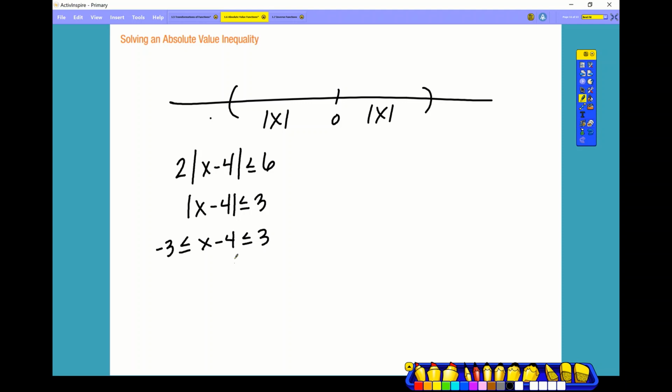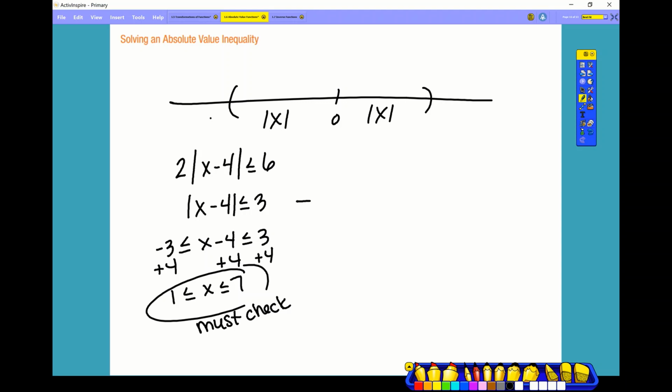Okay. So plus 4. So now we have 1 x 7. And now you must check it in case your signs are wrong.